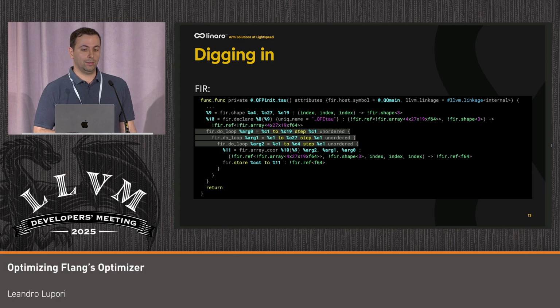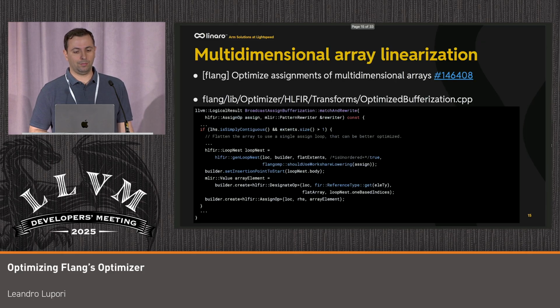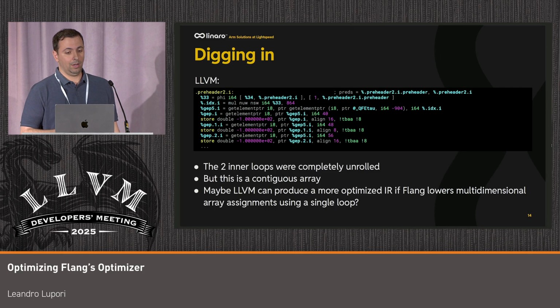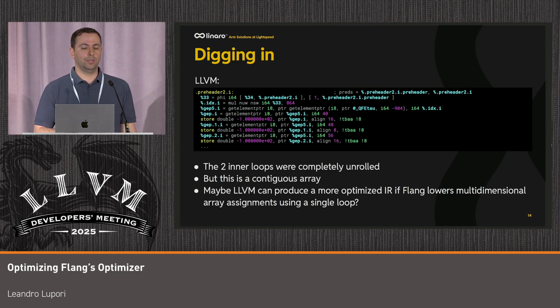And when it's converted to FIR, it becomes 3 nested loops that store a double to each array element. That in LLVM-IR becomes a series of get element pointer followed by store double instructions.